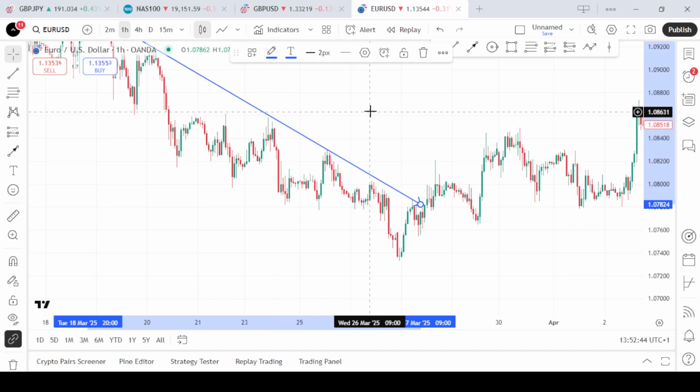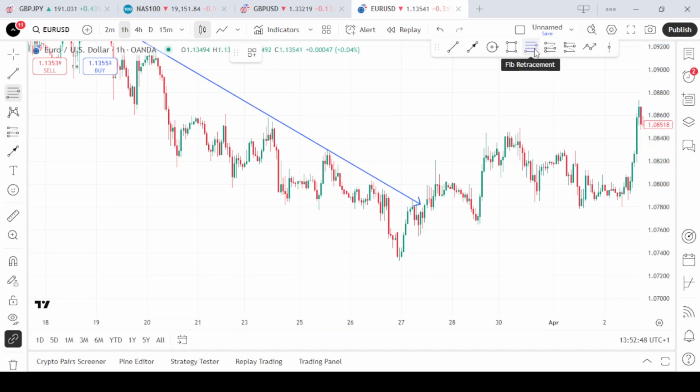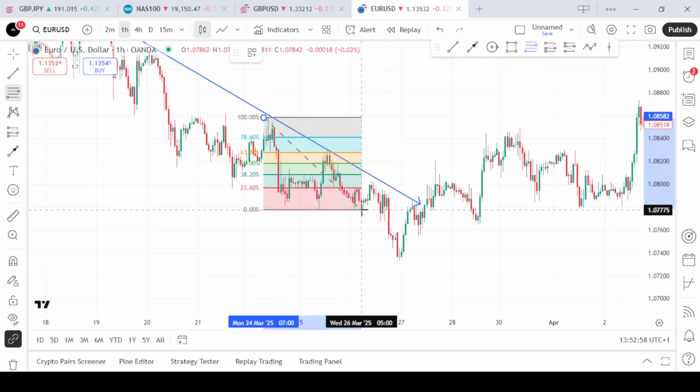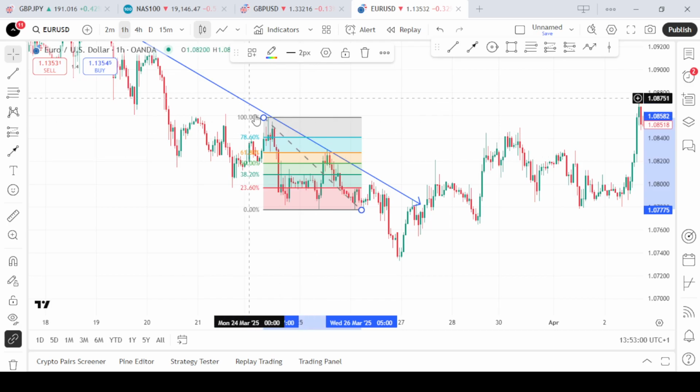Once you have confirmed the trend, you apply your Fibonacci retracement tool. In a bearish scenario, you plot it from your swing high to your swing low. This is where you will plot it from your swing high to your most recent swing low.